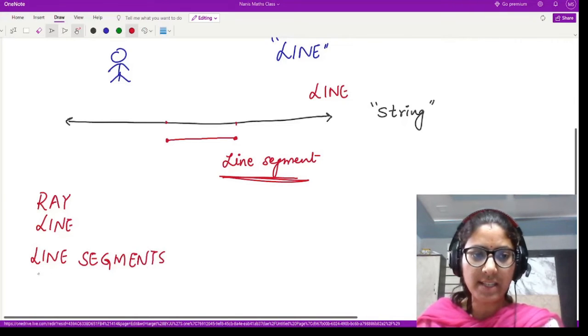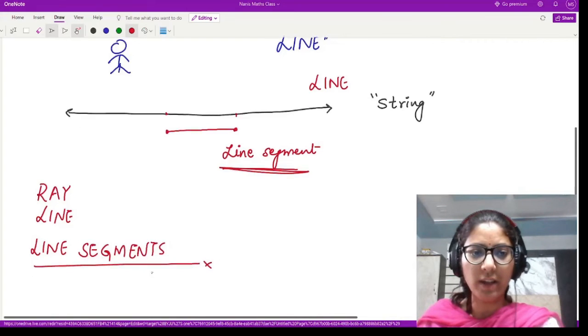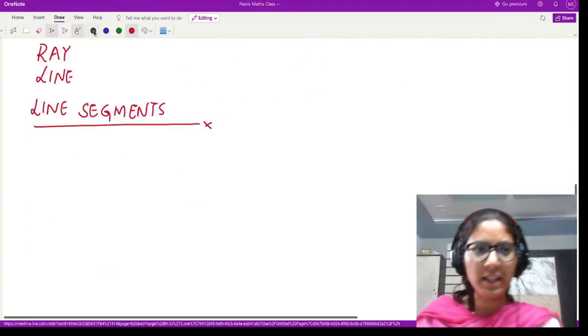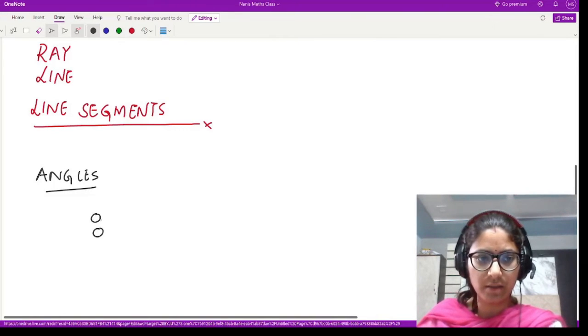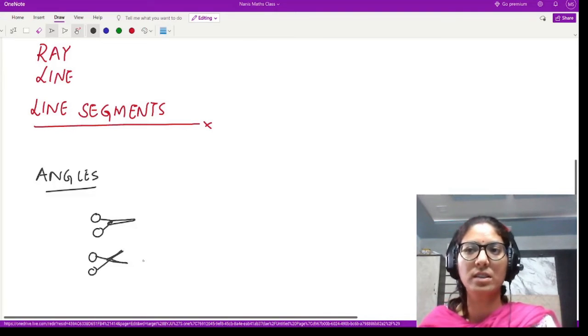Now let's see what angles are. In order to understand this, let me first take the example of scissors. Suppose you have a pair of scissors. One scissor is closed, and another is open. You are asked what the difference between these two scissors is.